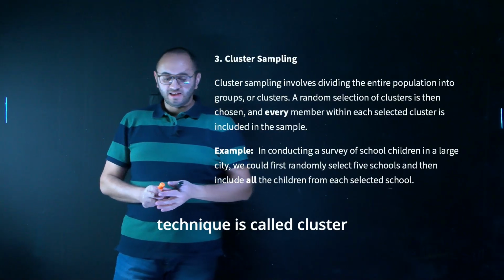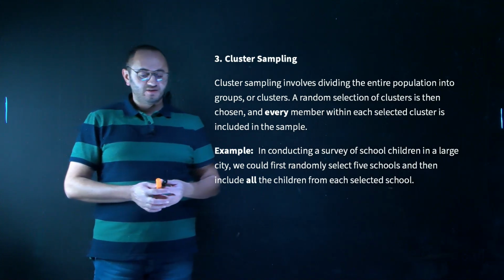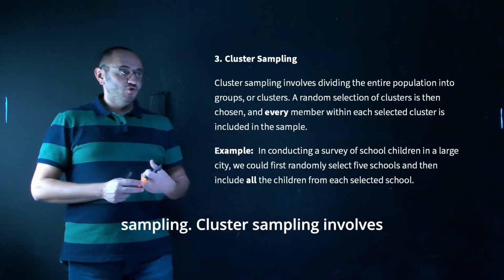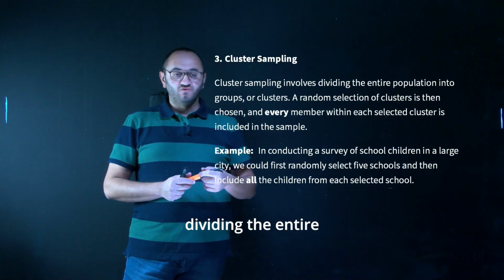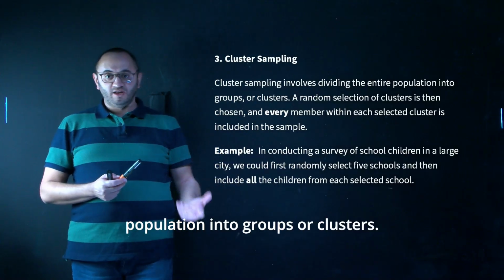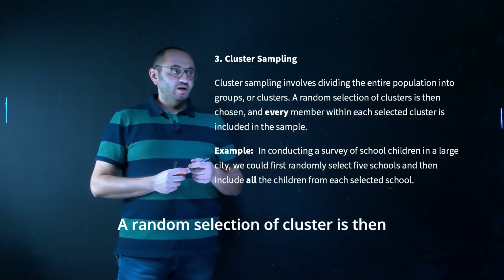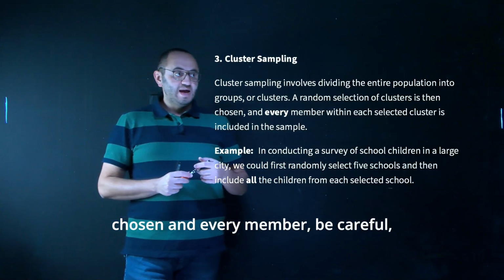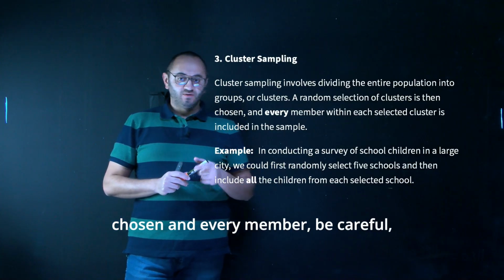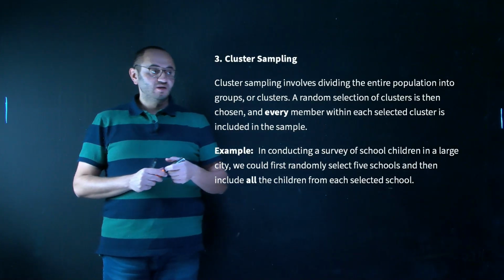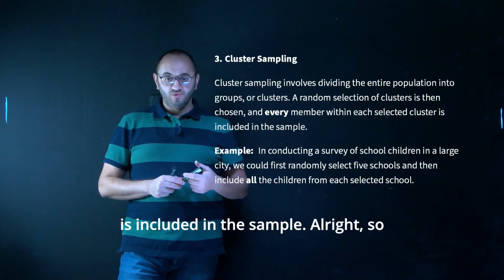The third technique is called cluster sampling. Cluster sampling involves dividing the entire population into groups or clusters. A random selection of clusters is then chosen, and every member, be careful, every member within each selected cluster is included in the sample.